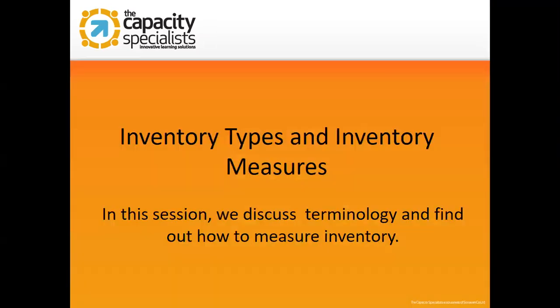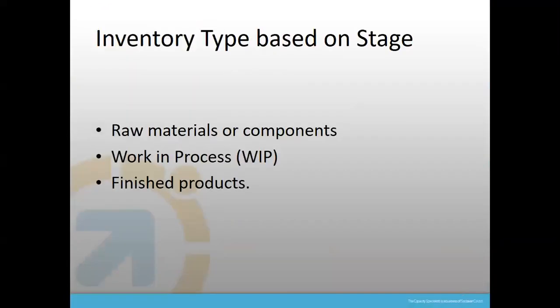In a factory, I have raw materials or components, I have work in process, and I have finished products. In a trading company, I have only finished products. An NGO or relief agency typically also has only finished products.